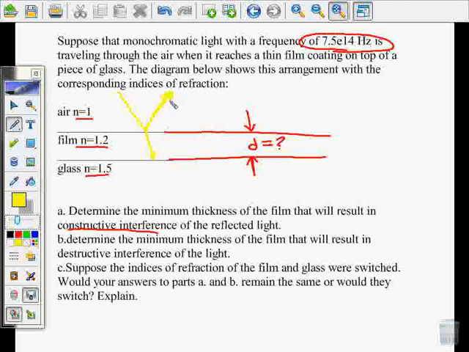And how would you know? Is it going fast to slow or slow to fast? Fast to slow. And when a wave goes from fast to slow, does the reflected piece go through a phase change? Yes. So there is a phase change right here.